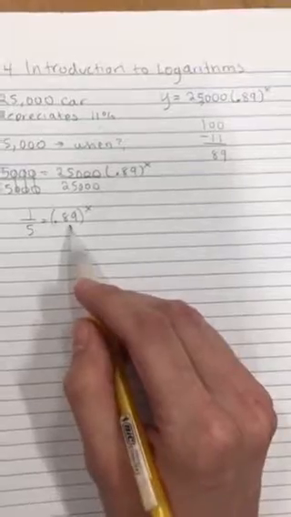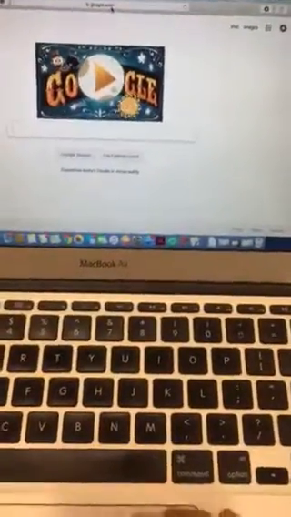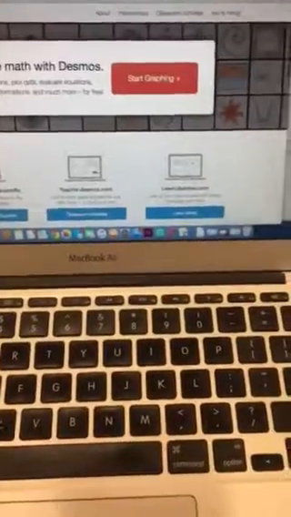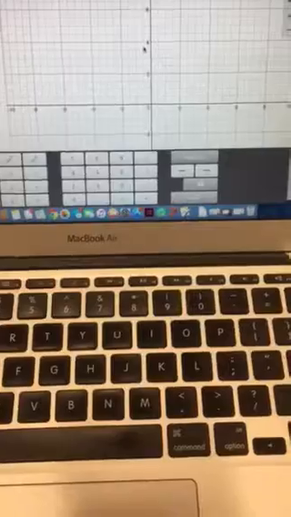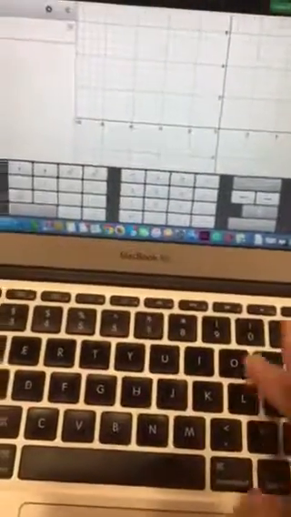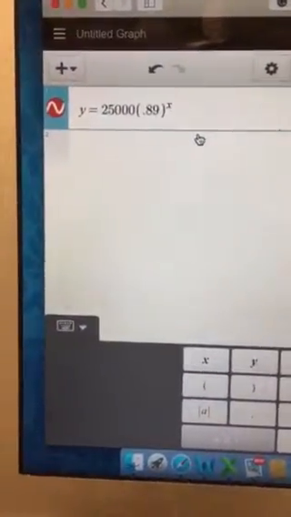Right now, I want to actually show you what this looks like graphically. So I'm going to pop over to Desmos. If you could, while I'm going, type in desmos.com. And we're going to look at this equation graphically. So here's what I'm typing in: 25,000 times 0.89 raised to the x.